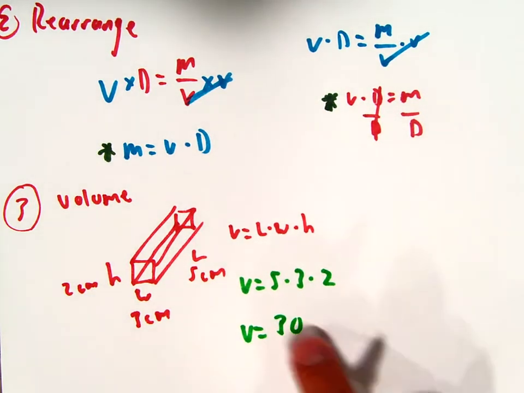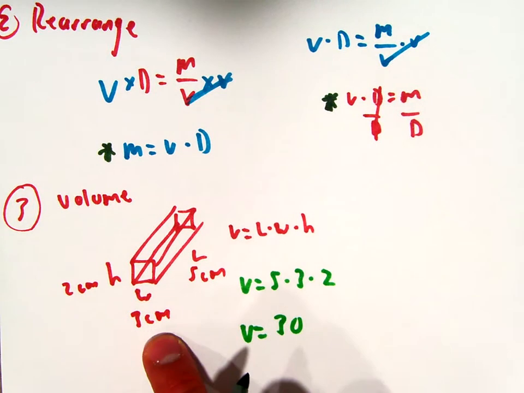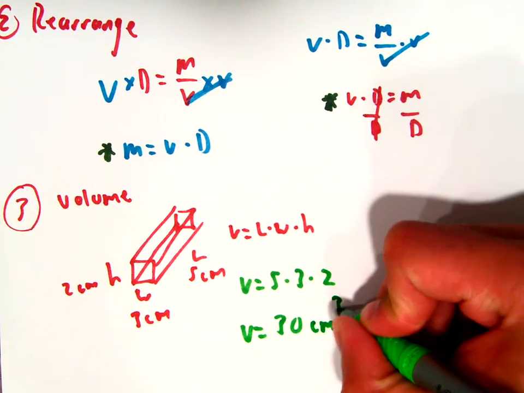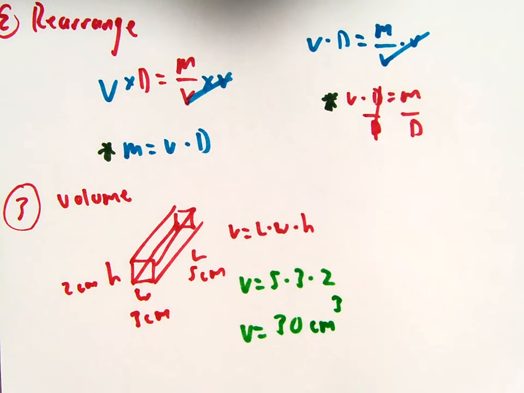What are my units, though? I went centimeters times centimeters times centimeters, so that's centimeters to the third power. We're going to need this information, which is why I'm bringing it up before we actually start doing the problems.